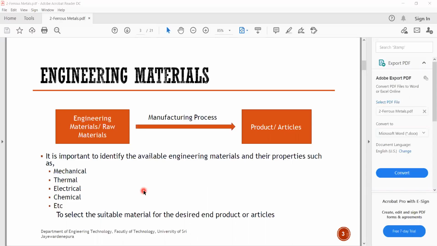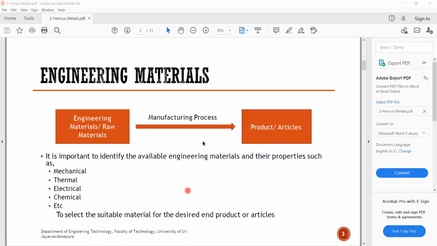And then these engineering materials have different properties. They have their own properties. They may have mechanical properties, thermal properties, electrical properties, chemical properties. Likewise, they have a lot of properties, right?